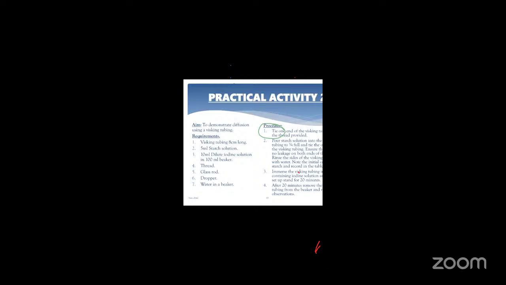Now, before we talk about factors affecting diffusion, today in the group, I'm going to send a question related to introduction to diffusion, related to diffusion gradient, related to this practical activity about testing for diffusion using a whisking tubing.